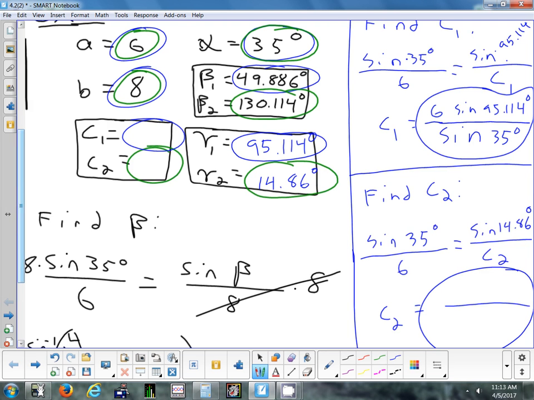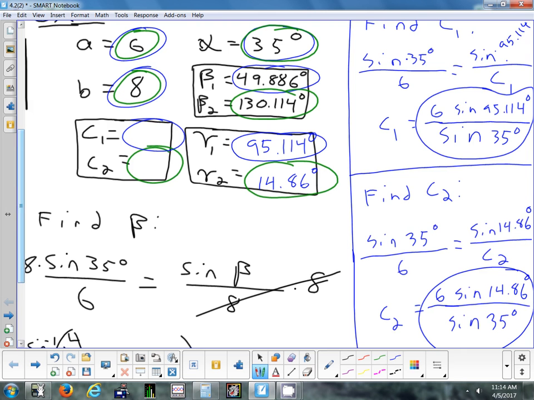So when we cross multiply and then get C2 by itself, Graham, what will I get for that? Six sine 14.86 over sine 35. Okay, so again, just type that in and write down what you get.